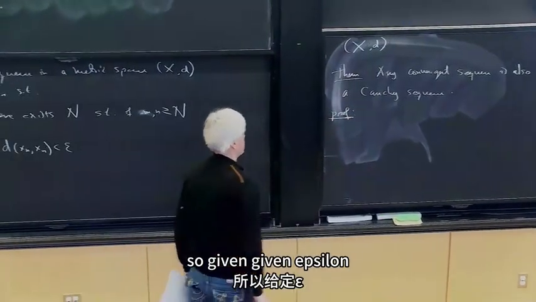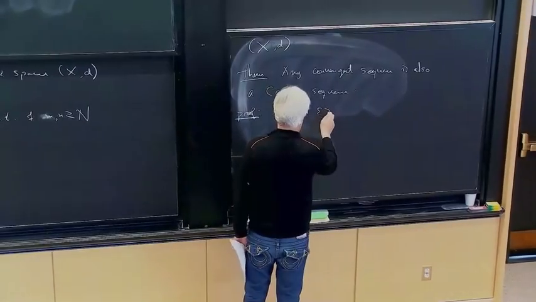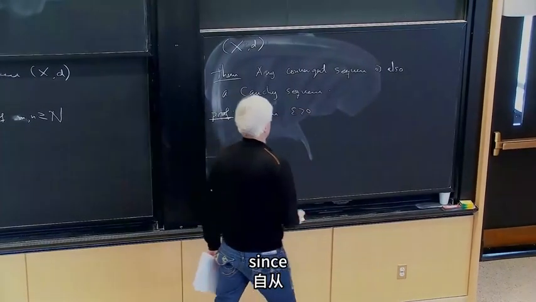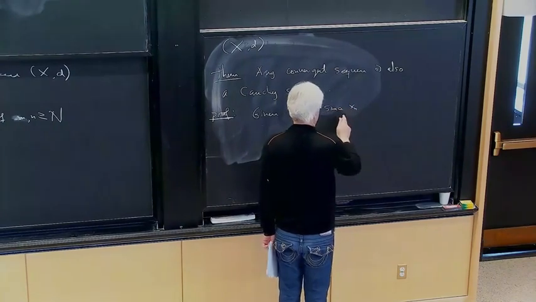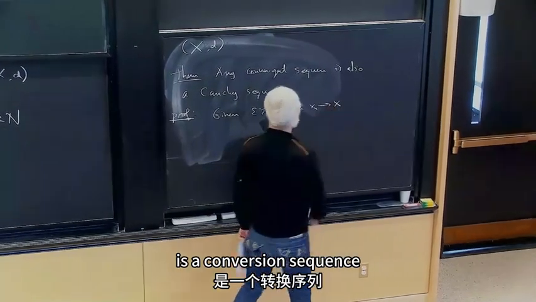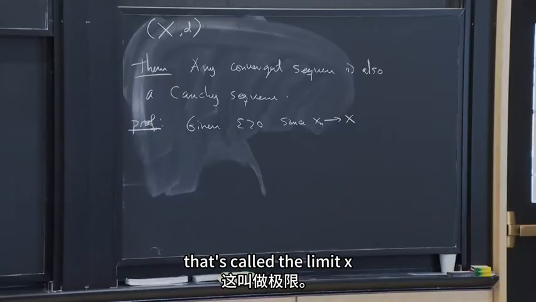So given epsilon, since x_n is a convergent sequence, so you assume that x_n is a convergent sequence, let's call the limit x.